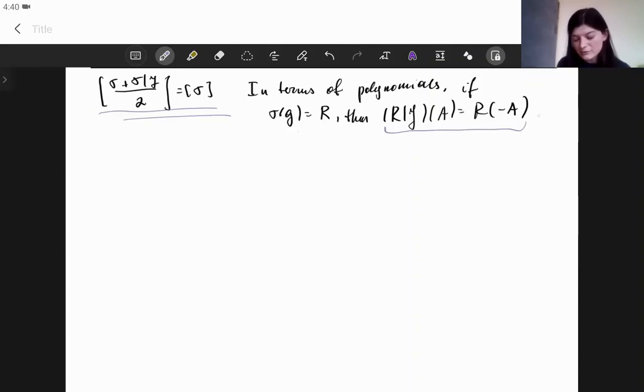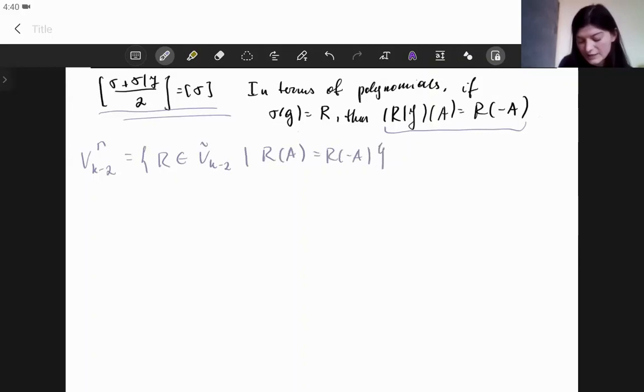Okay, and based on this condition, I will define the following submodule. V_{k-2} tilde, and then I will put a gamma up top. We will take the elements in V_{k-2} tilde such that r of a equals r of minus a. So this really gives, in a sense, a symmetry relation between the value of r at different elements in the coset, at the different cosets.